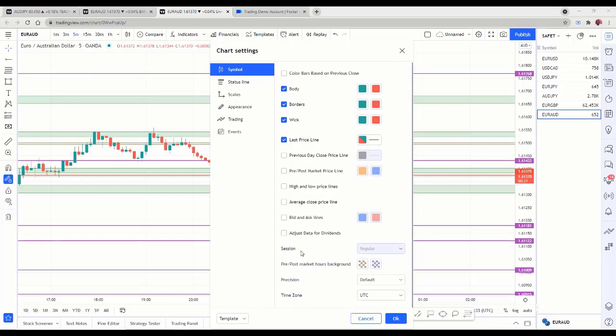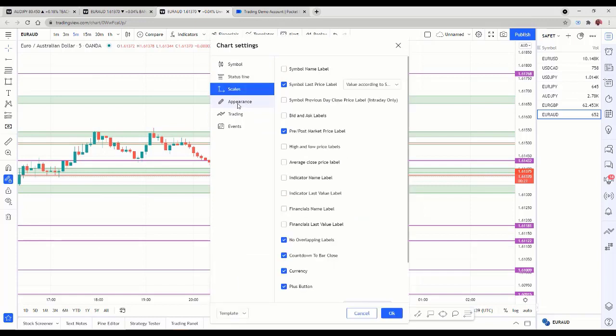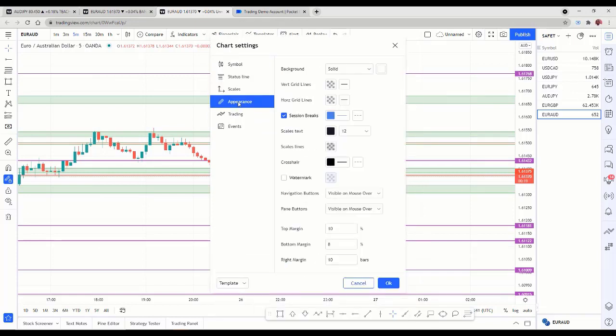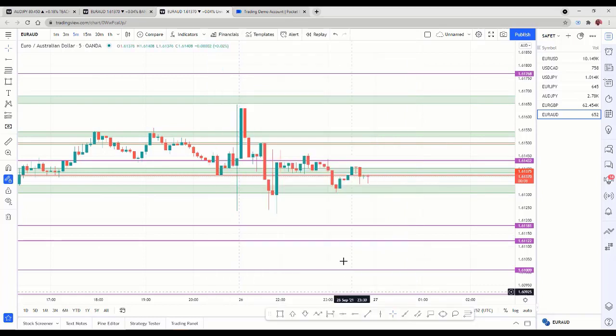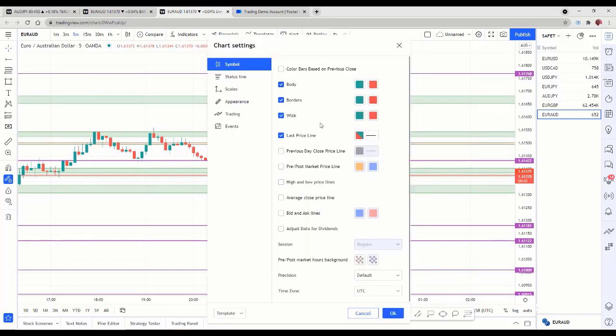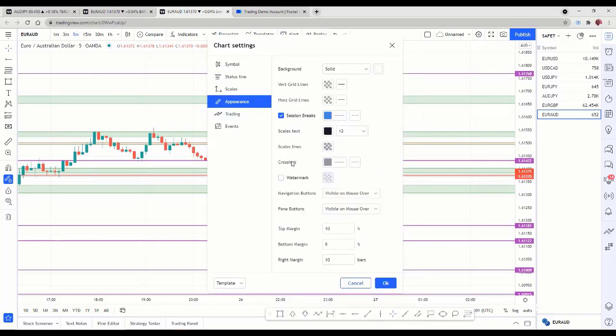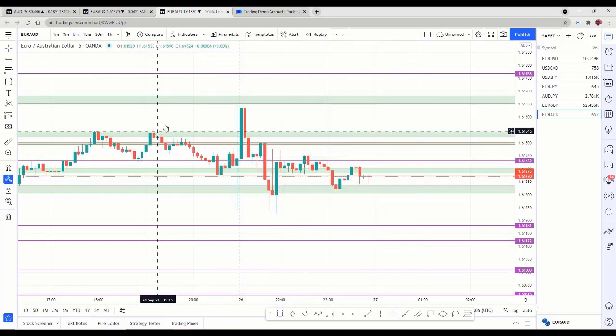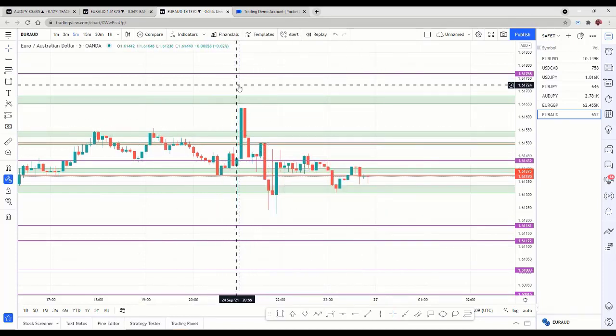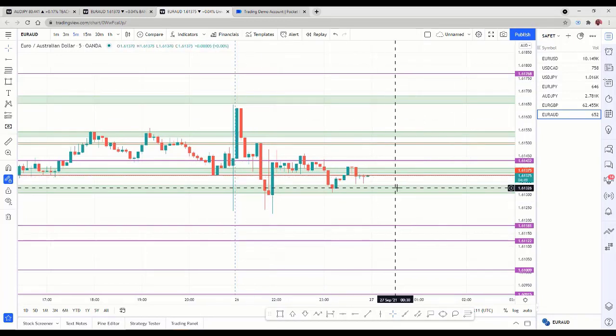Why can't I see this? Okay, no problems. Okay, let's do this again. Good, good to go. Yes, I see this is where the new session of the market opens. But let's see what's happening.